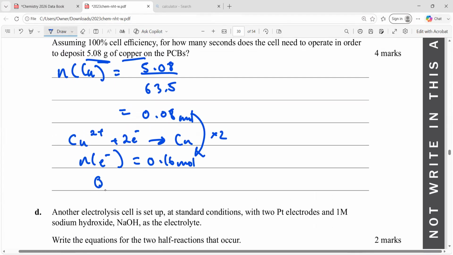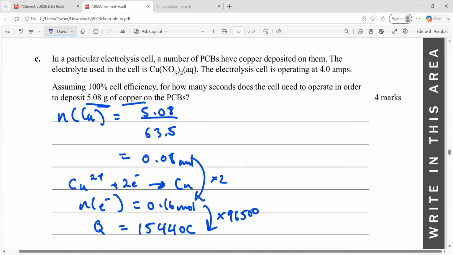And then the Q would just be that times by 96,500. It's really interesting, right? The things you would do for homework, like textbook questions, are pretty similar to what you get in the exam when it comes to these sort of questions.